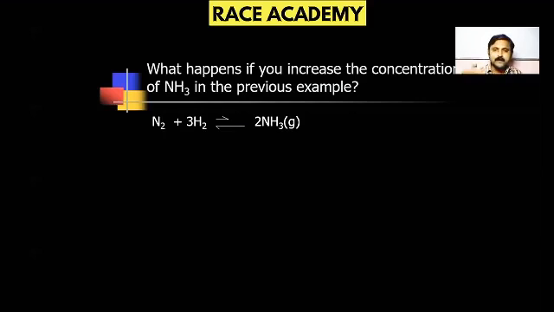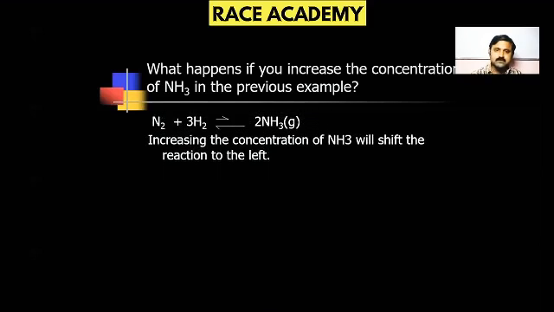According to Le Chatelier's principle, the equilibrium is reducing the change applied to the reaction. So increasing the concentration of NH3 will shift the reaction to the left, meaning the backward direction.